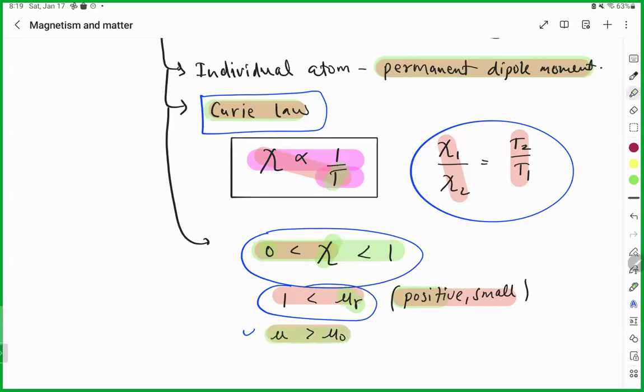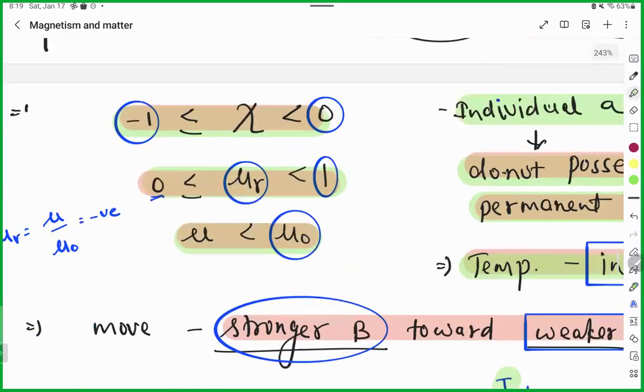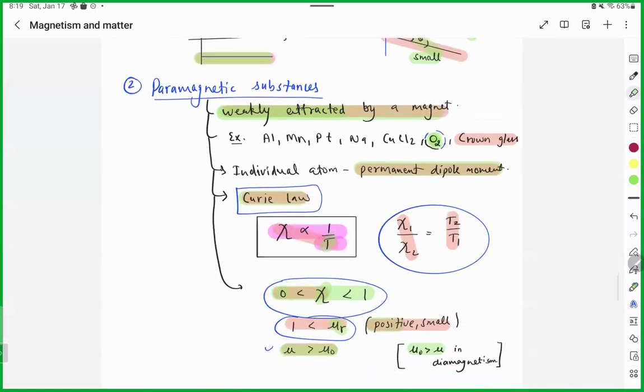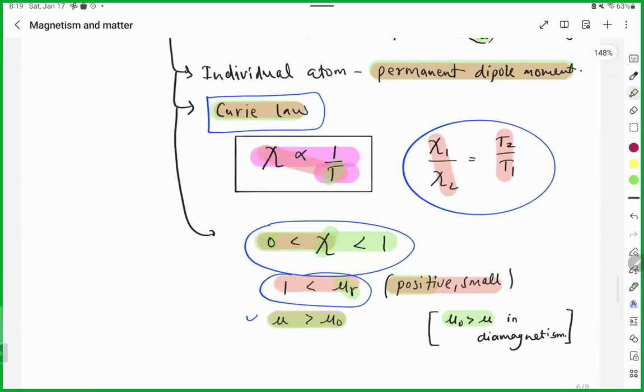Mu naught was more than mu. Yes. Here, mu is more than mu naught. Why? The reason is chi and mu r value.